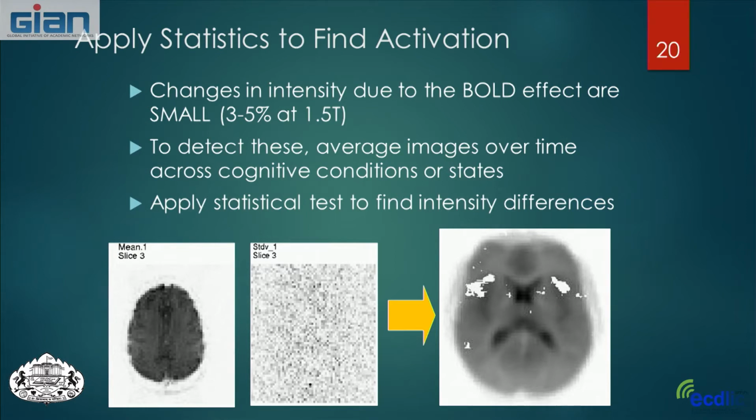So let's take our time series of data, each part of the brain collected over time, and stack up all the slices that were collected during finger tapping and make an average and a standard deviation of those, and take all our slices that were collected over the rest and take an average and a standard deviation of those.